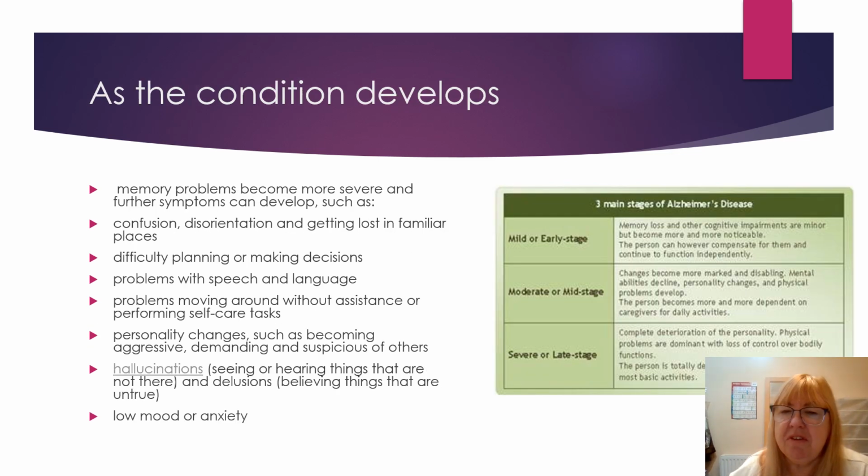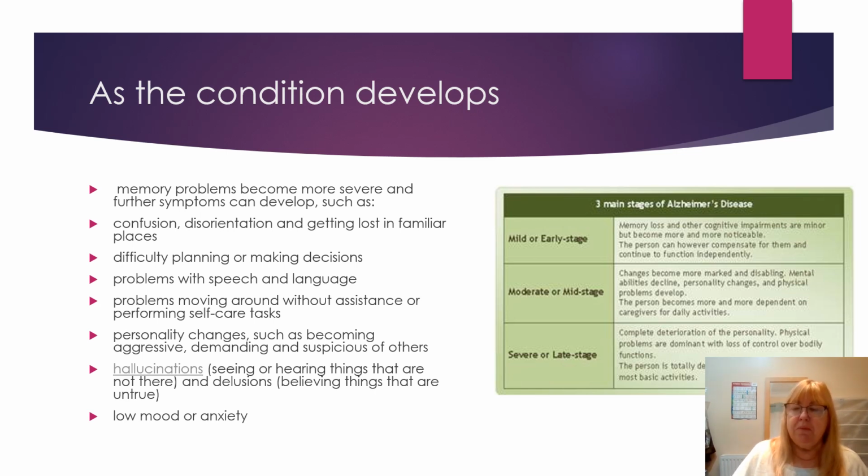As the condition develops, it moves into 3 stages. As you can see, there's the mild stage or early stage, the moderate or mid stage, and the severe or late stage. You can use my graph to help you break it up. Memory problems become more severe and other symptoms can develop, such as confusion, disorientation, starting to get lost in familiar places as well as unfamiliar places.